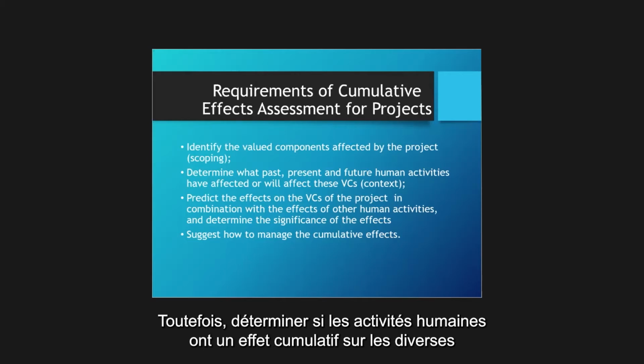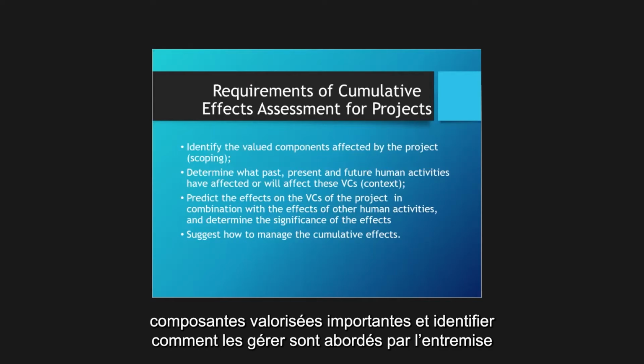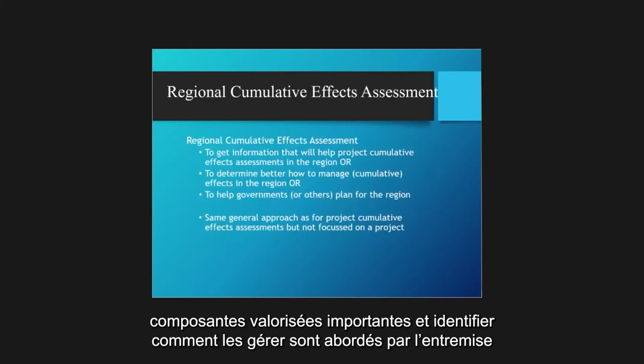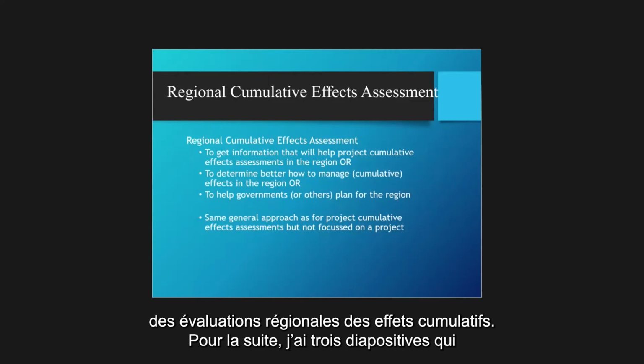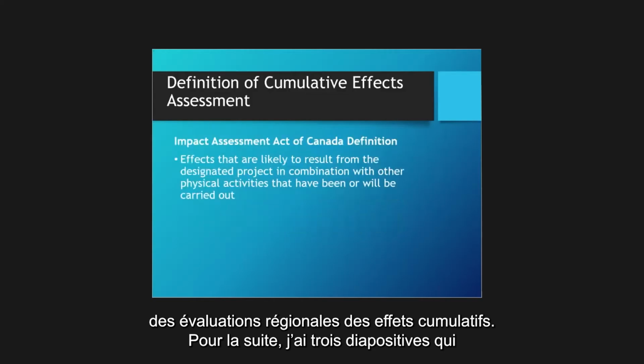But determining what are the human activities, determining their cumulative effect on the various important valued components, and how to manage these is on the table. And you do that in doing regional cumulative effects assessments.